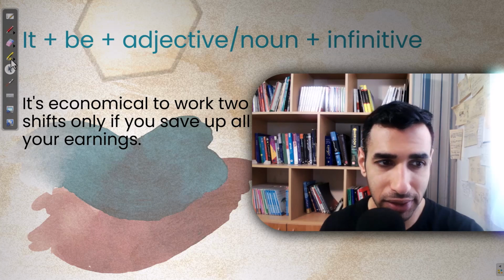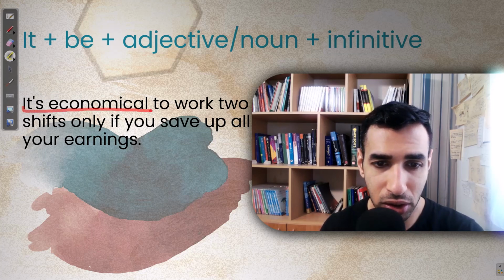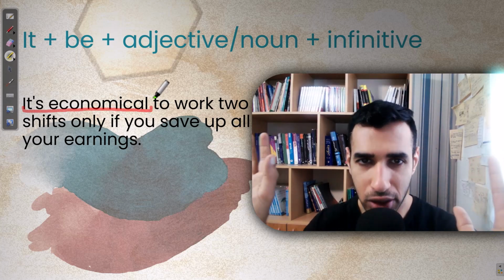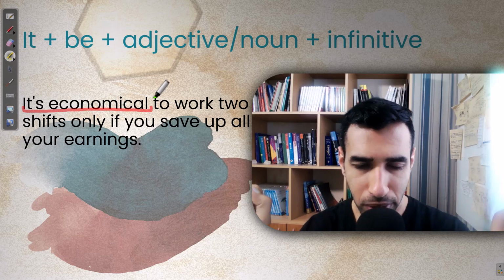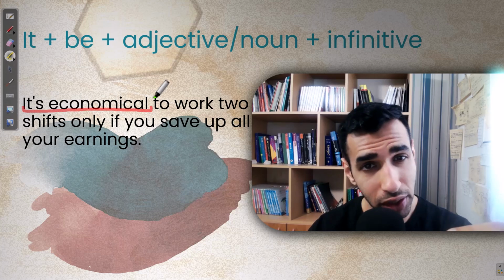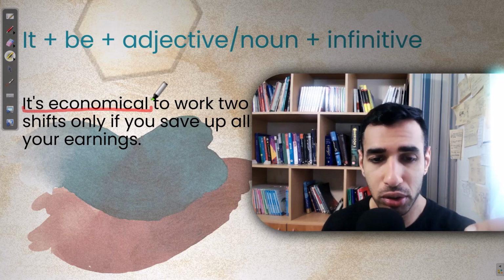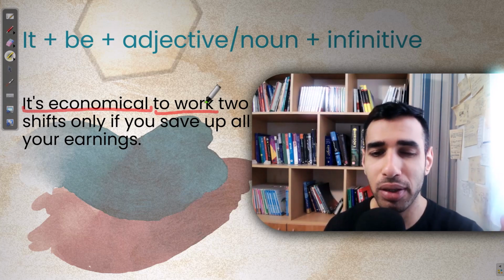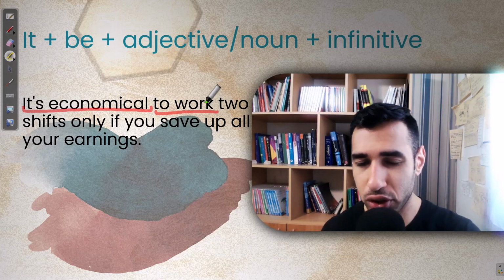Let's pick up this sentence. It's economical. This is our independent clause. But it's economical to do what? We need more explanation. So here the verb to work acts as a transition verb to give more explanation.